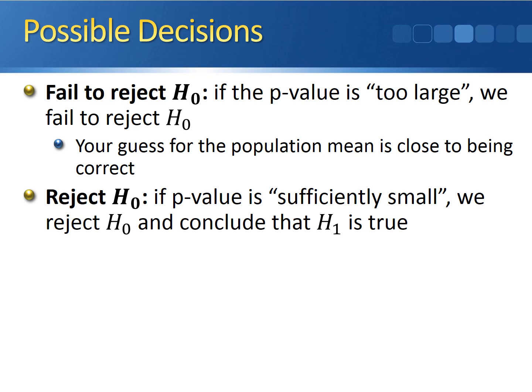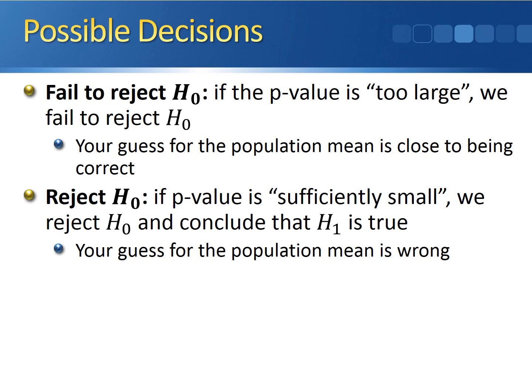The other decision that we can make is to reject the null hypothesis. We'll reject the null hypothesis if the p-value is sufficiently small, and as a result, we'll conclude that the alternative hypothesis, H1, is true. What this means is that your guess for the population mean is wrong.